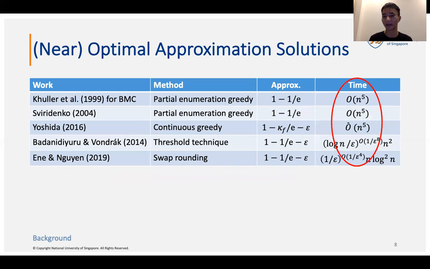Unfortunately, we can see that they have high time complexity. Even recently, in 2019, after this problem has been explored for nearly 40 years, the solution still has very high time complexity, which depends on the epsilon parameter.